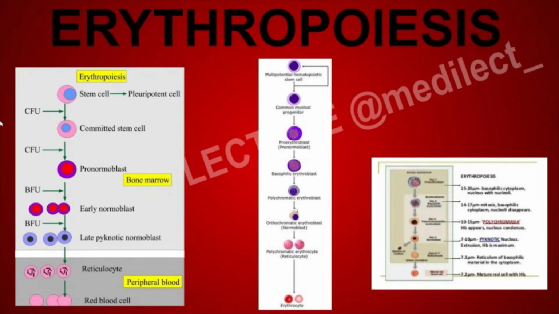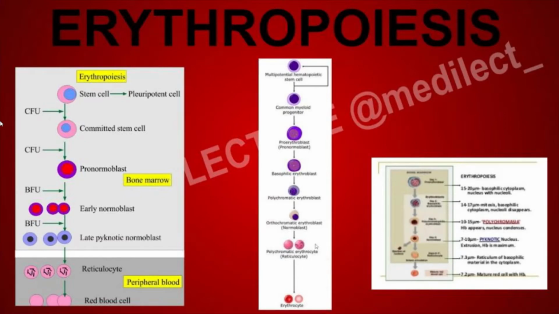So remember, hemoglobin is first seen at the intermediate normoblast stage, where the cytoplasm is grayish, while in the late normoblast stage the cytoplasm is well hemoglobinized. Now next comes the reticulocyte stage. In this stage the nucleus is extruded.